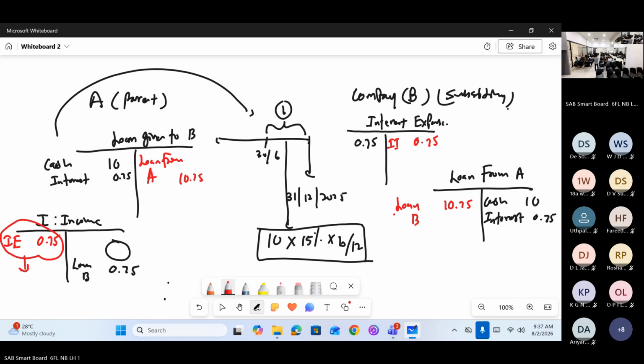Example: a company acquired 80% of the hotel company called B. After acquisition, the company has provided hotel management services to the subsidiary company.